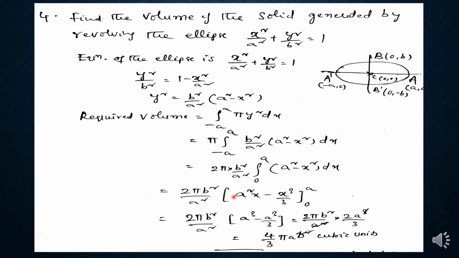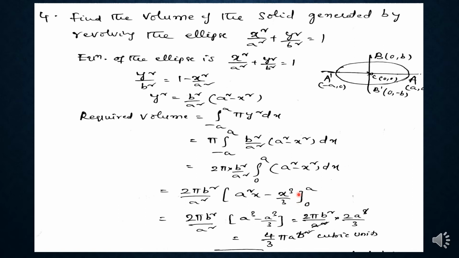Now by integrating this function, we get 2 pi into b square by a square into a square times x minus x cube by 3, from 0 to a.